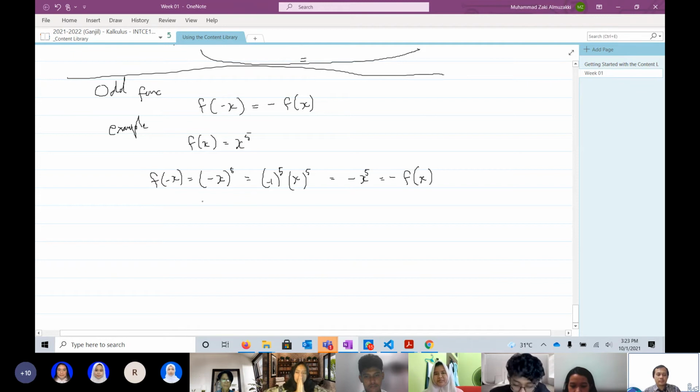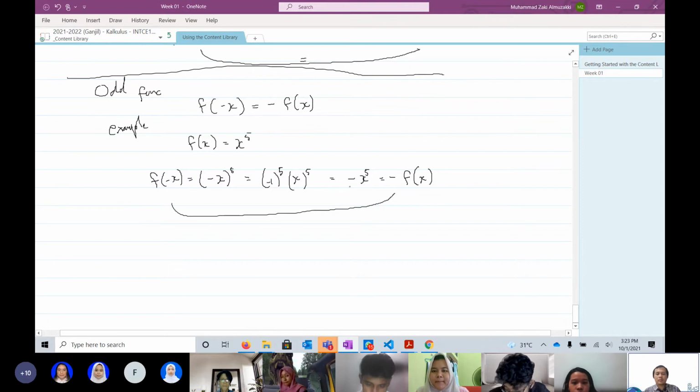In this case, since we have this relation, f of minus x equals minus of f of x, then f of x equals x power 5 is an odd function.